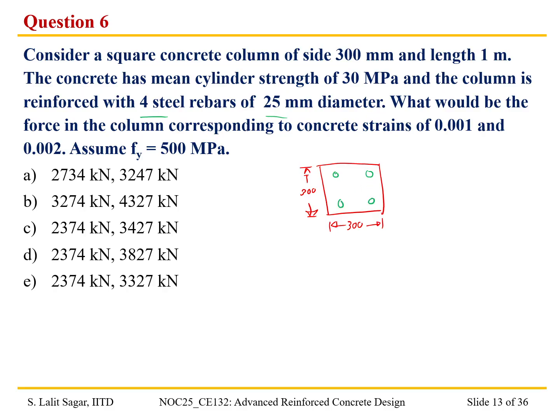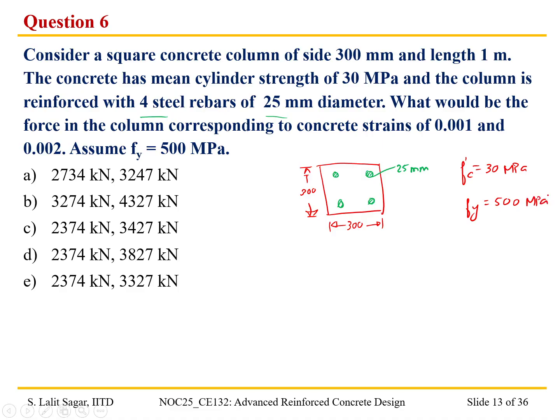And then we have four reinforcing bars, each having a diameter of 25 millimeter. Then we have F prime C as 30 MPa as in the previous problem, and Fy is equal to 500 MPa.